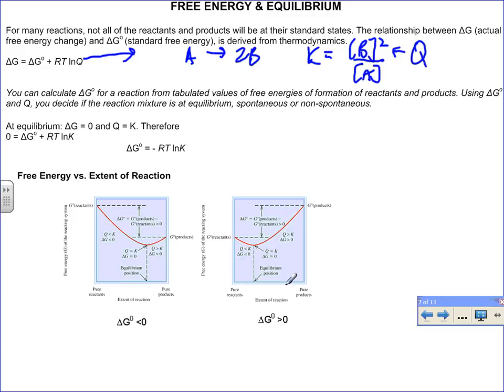Okay, and you can look at the same relationship here where we've got Gibbs free energy increasing. Same thing, we've got a 0 point. Okay, above here, we've got more products than reactants. Below here, we've got more reactants than products. It just gives a good visual.